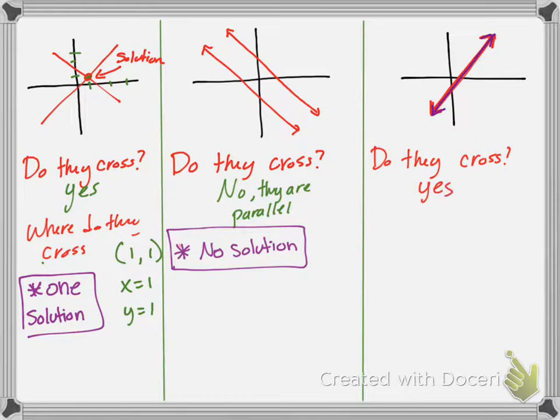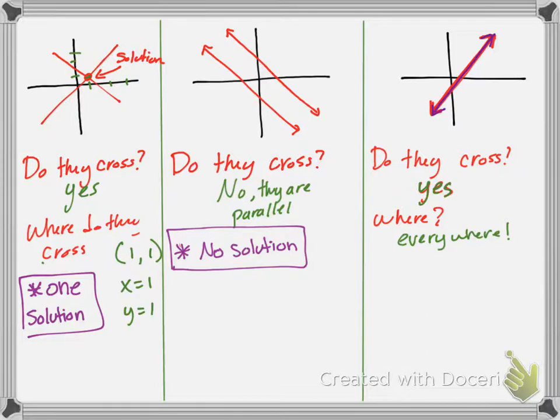Yeah, they cross. And where? Where do they cross? I'm going to put this in green. Yes. Where do they cross? So they're on top of each other, so they're crossing everywhere. They're the same line. Okay?